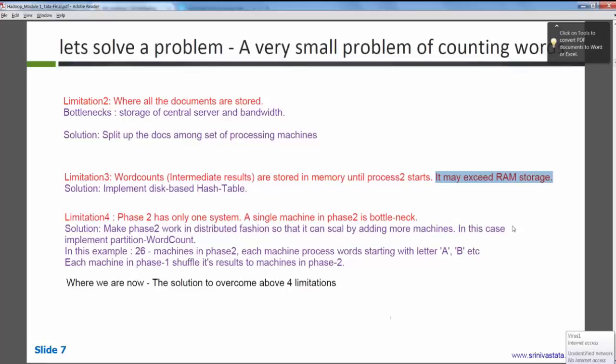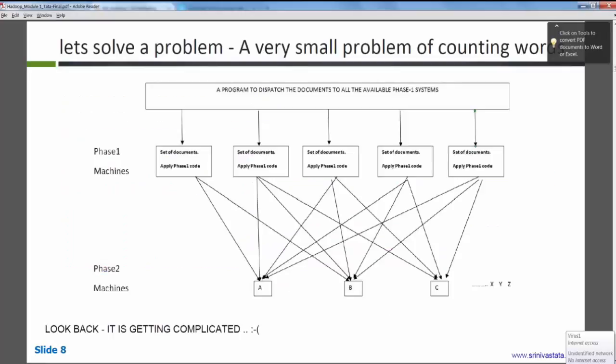Yes, I'm building, but I'm a little confused. If we are not storing the intermediate results, but intermediate results are generated by machines which are in phase one, those intermediate results should be stored in the memory of the machines in phase one. Okay. Yes. Now, this is the phase 1 machine.